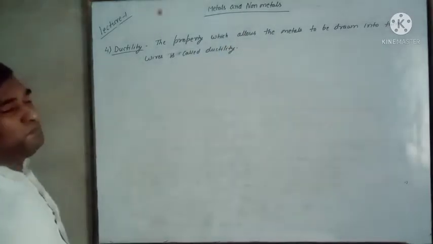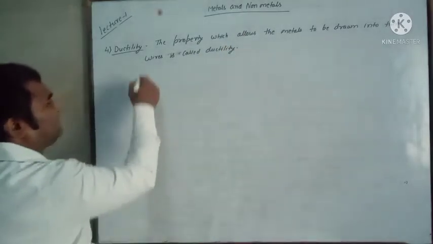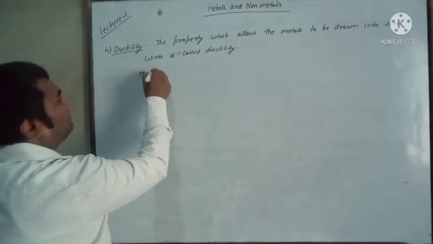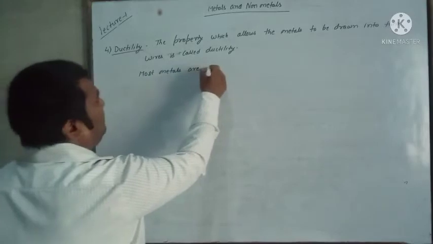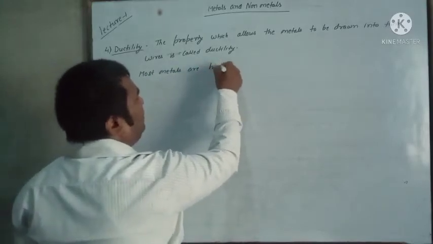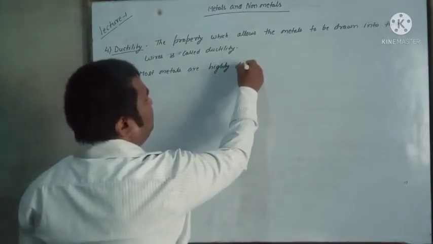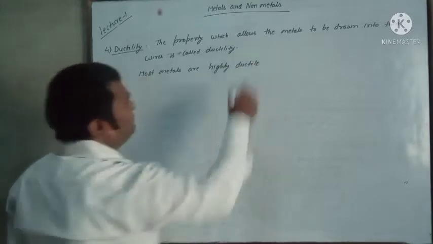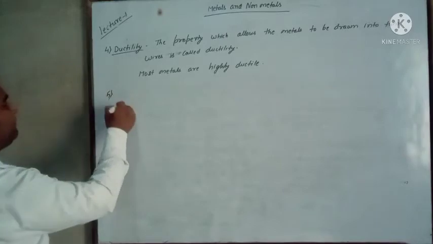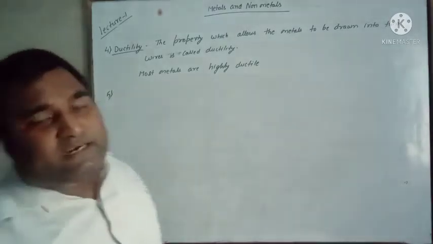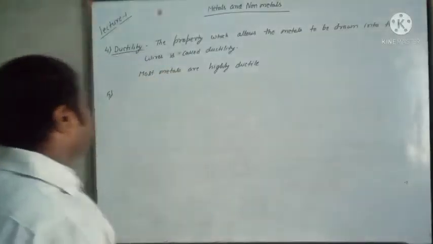Okay, so most metals are highly ductile. Okay, fourth property. Fifth property, conductivity of the heat.